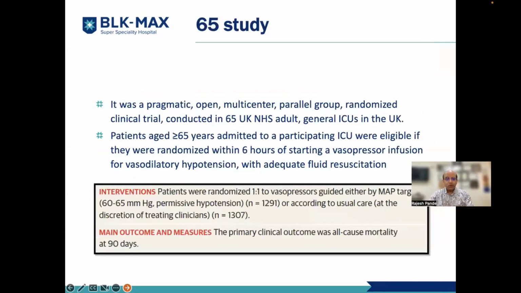It was a pragmatic, open, multi-center, parallel group, randomized clinical trial that was done in UK, 65 NHS hospitals, which included general intensive care units.